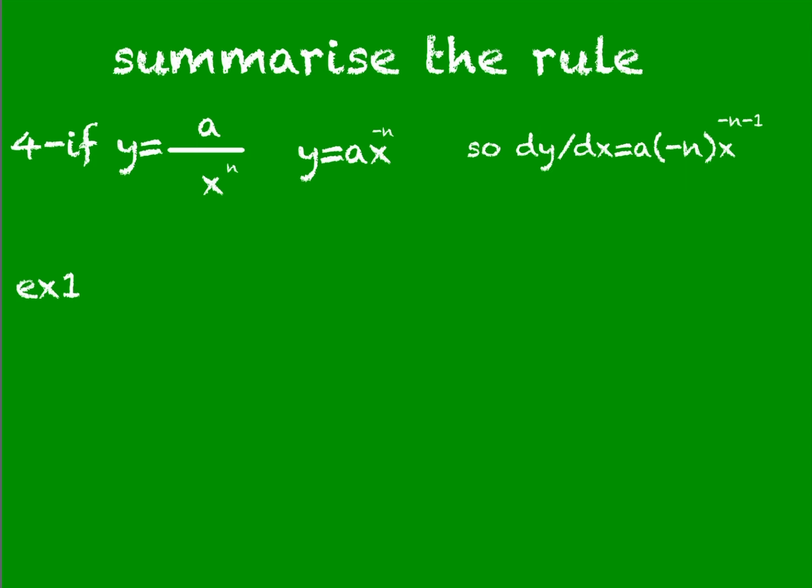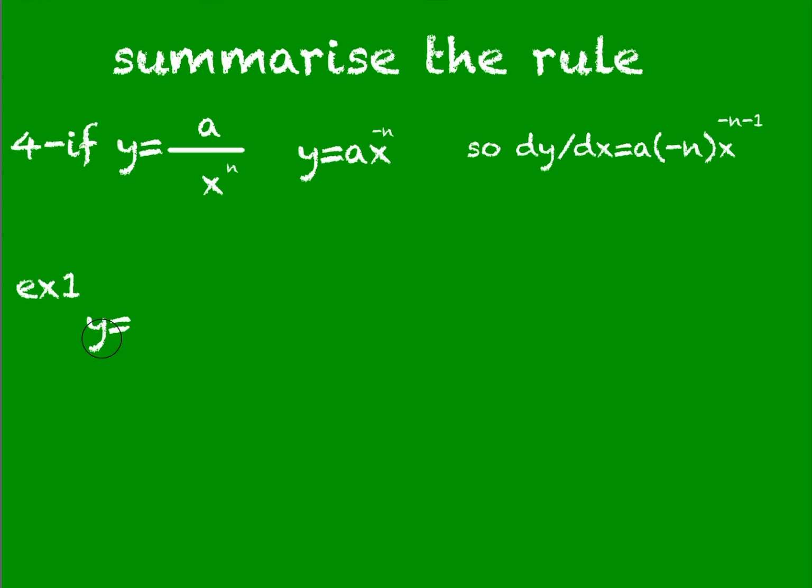I will love to ask that question every time. At the end of this video, I show one example that covers all types of this summary. So dy over dx, same rule, a times, bring down negative n, so negative n, times x to the power of negative n, take away 1.